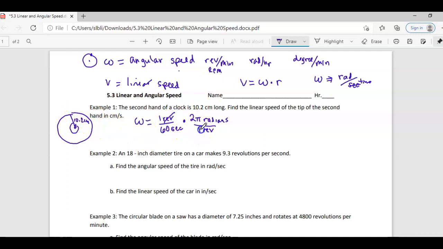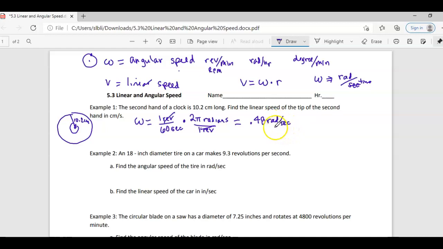The revolutions cancel, and we're left with 2 pi divided by 60. When I put that in my calculator, I got about 0.48 radians per second.